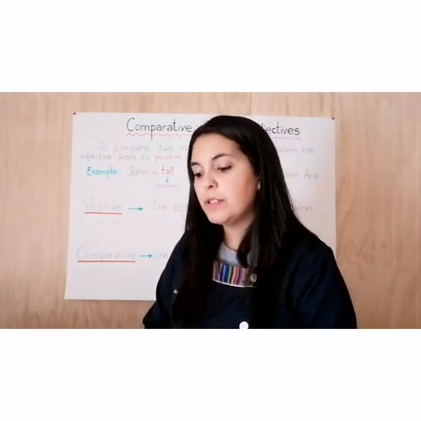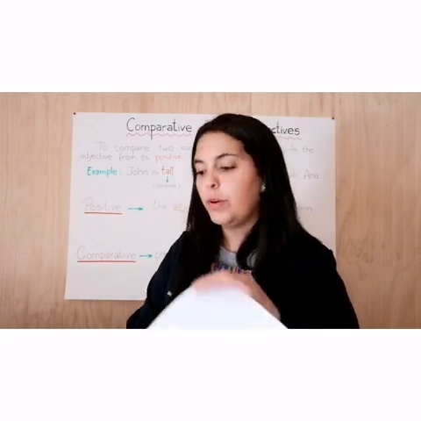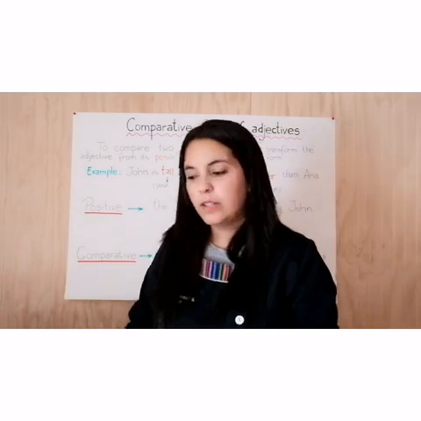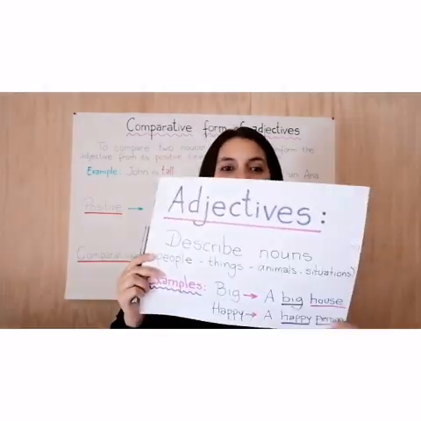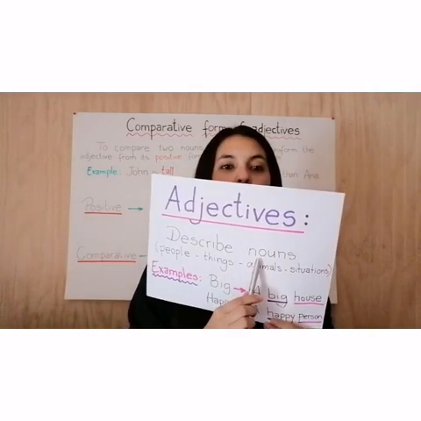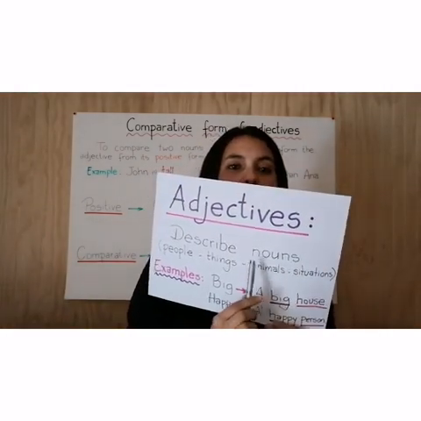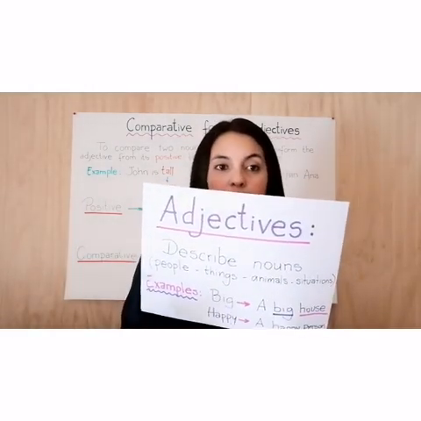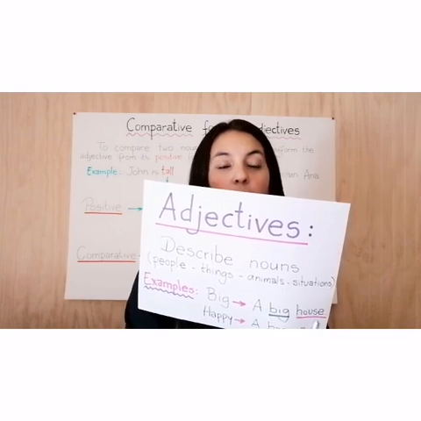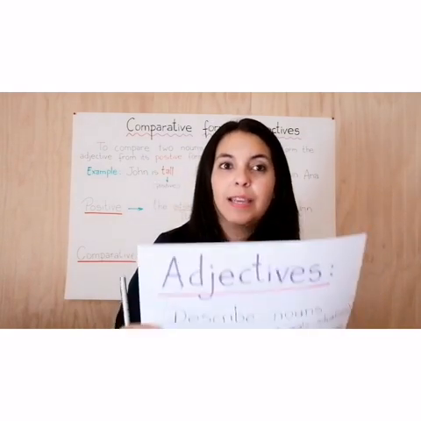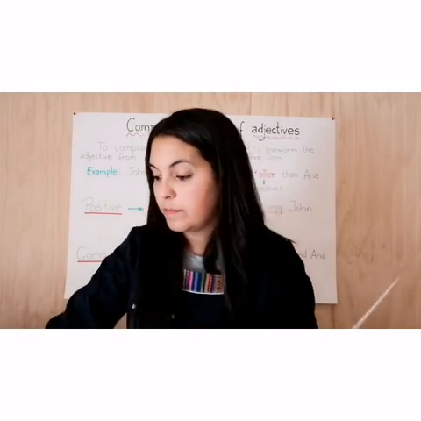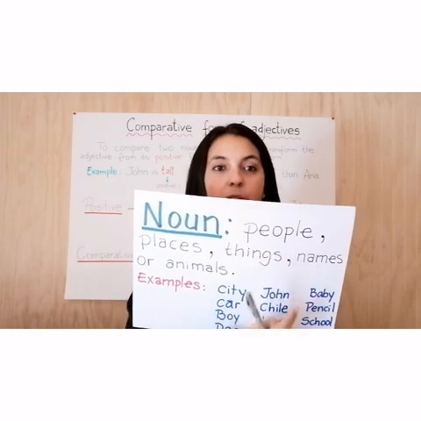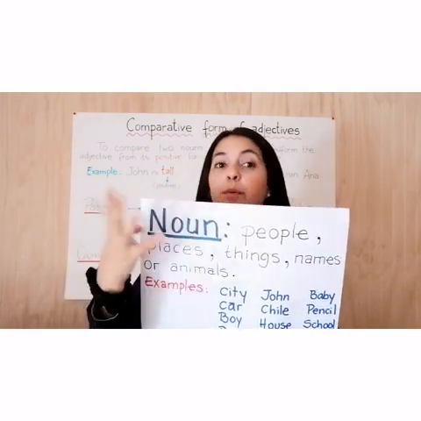Okay, so first of all, let's remember what is an adjective. That is very important. An adjective describes nouns. What is a noun? It can be people, a person, things, objects, animals, or situations. I have some examples. People, a person, a woman, a boy.